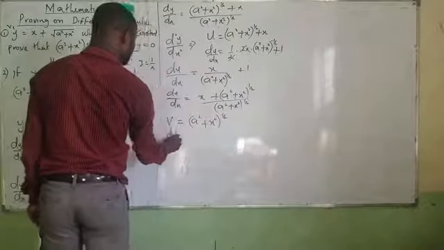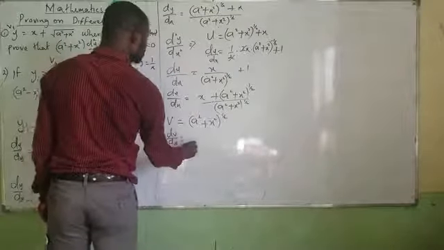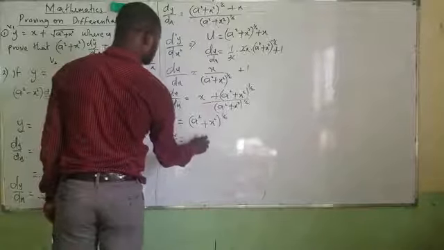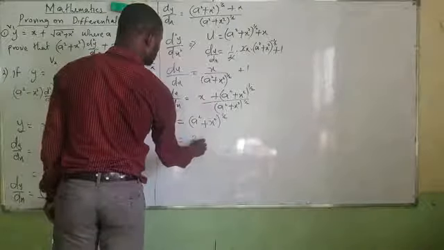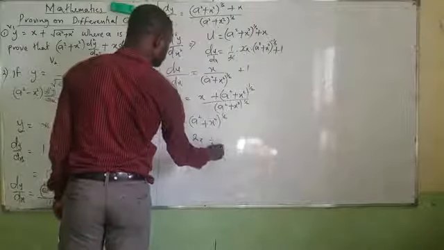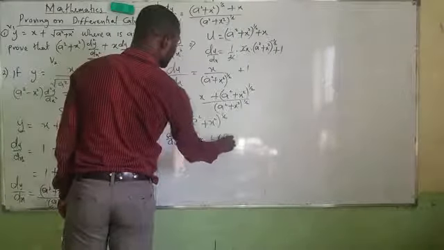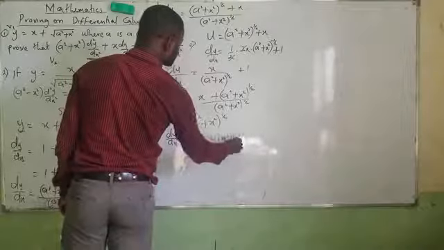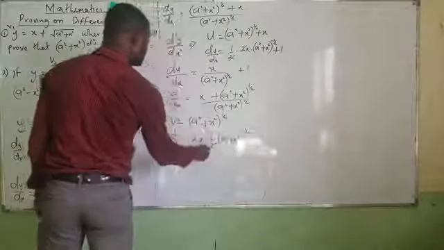It means my dv/dx will be equal to 2x times 1 over 2 times (a squared plus x squared) to the power of 1 over 2. This will cancel this.